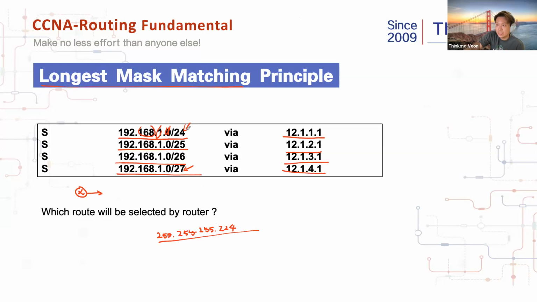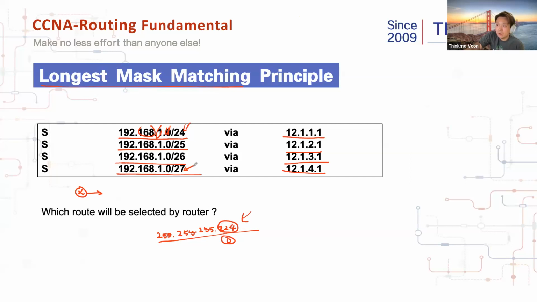And this one will be 255.255.255.0 for the /24, right? So this one means it's a more specific route. It's the longest mask, meaning this subnet mask is longer than the /24 one, so this will become the better choice.